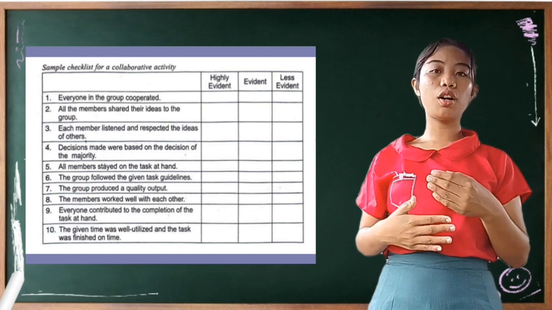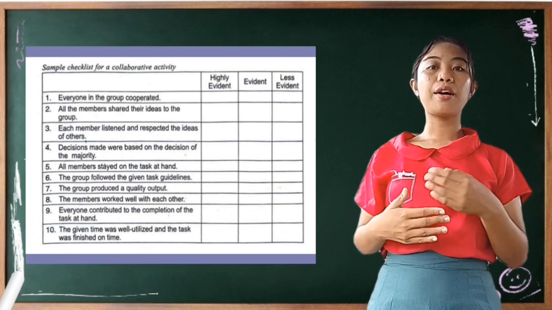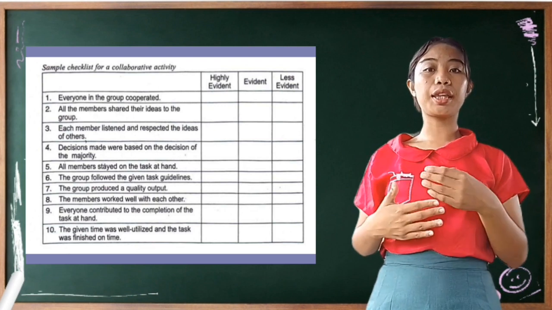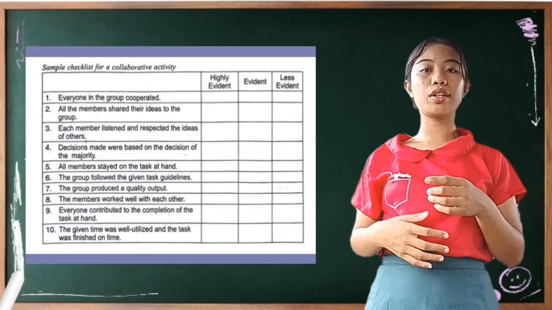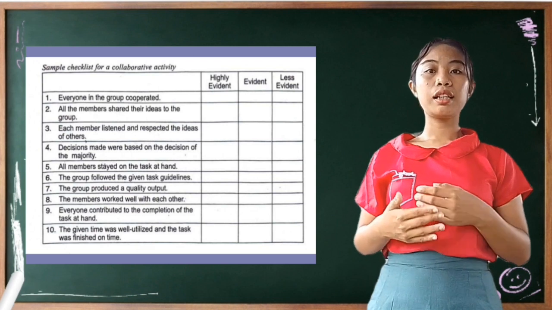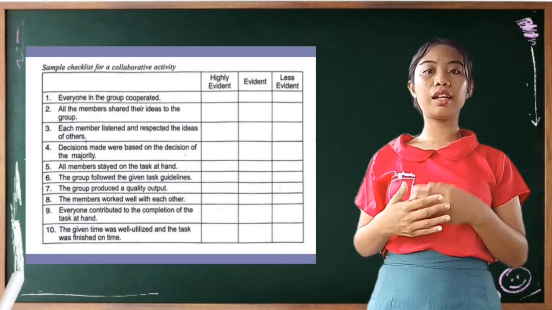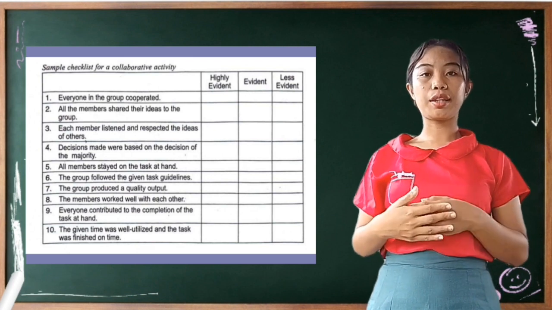But with observation and checklist, teachers can see how everyone is doing based on the same rules. This helps teachers to understand each student's needs and gives everyone a fair chance to do their best.